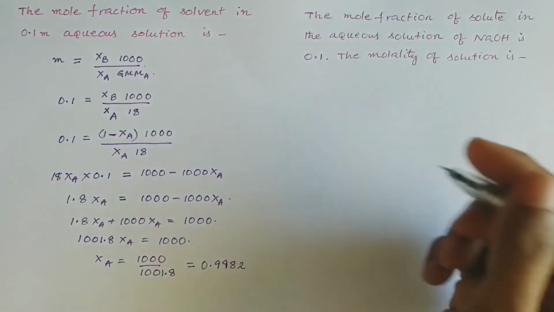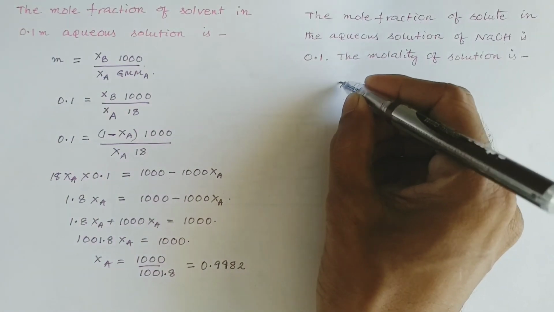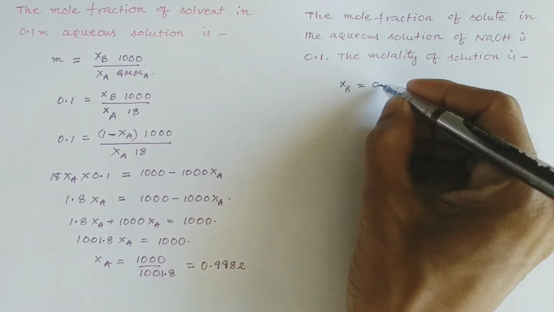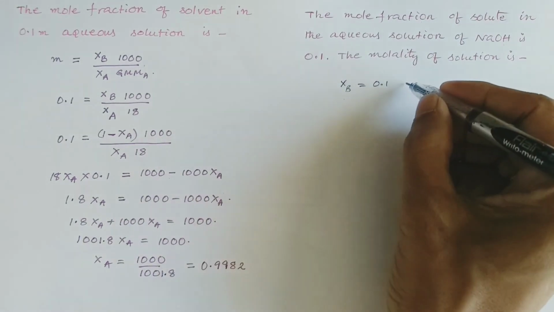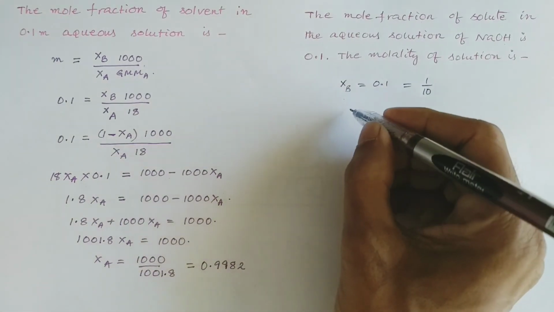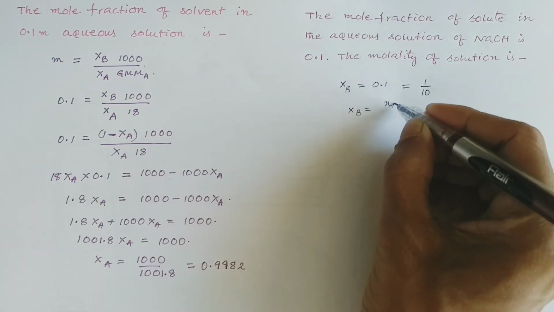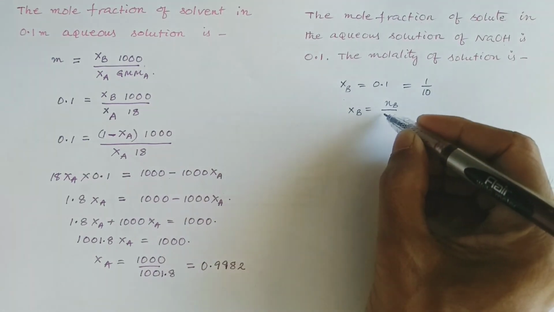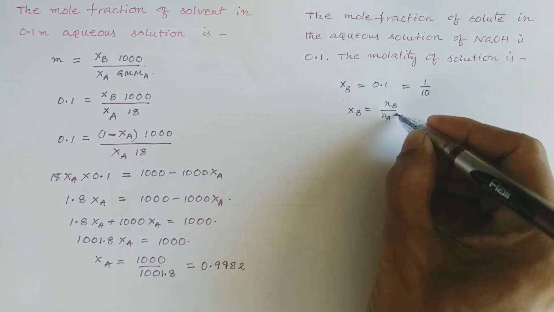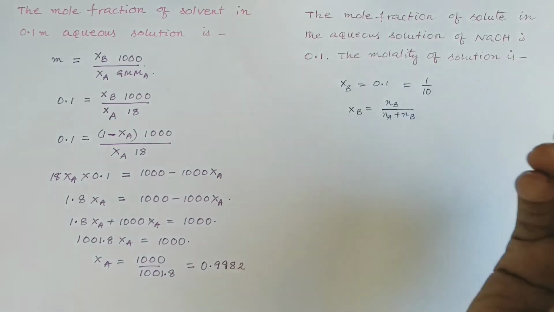So mole fraction of solute is given, that is 0.1. Okay, 0.1 means 1 by 10. Okay, so we know the mole fraction of solute is equal to number of moles of solute divided by number of moles of solvent plus number of moles of solute in a binary solution.